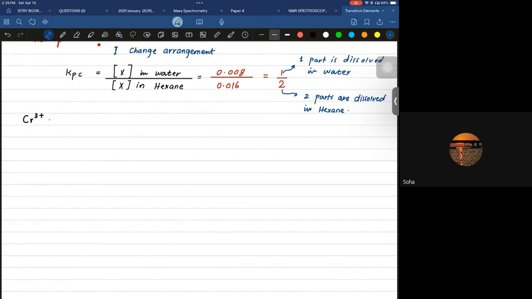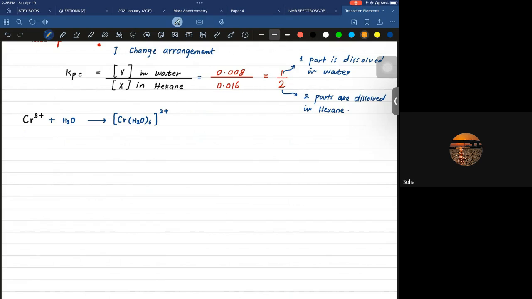When you add water, you get chromium(H2O)6. As you know, there is no charge on water, so the overall charge on the complex would be the charge of chromium.